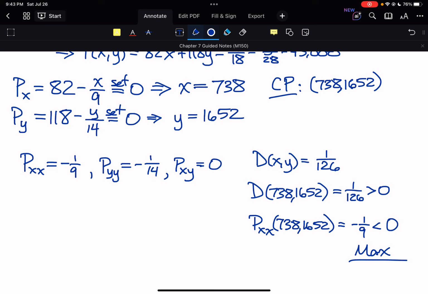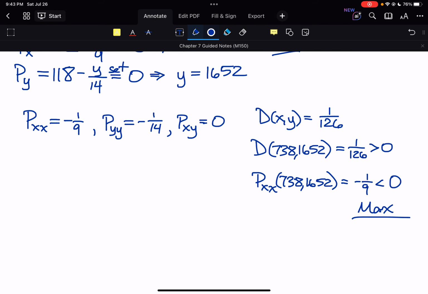So this does produce a maximum. And then the question is, how much profit are they getting at this maximum? So we would take P of 738, 1652, which for the sake of your sanity, I will just tell you is 82,726.